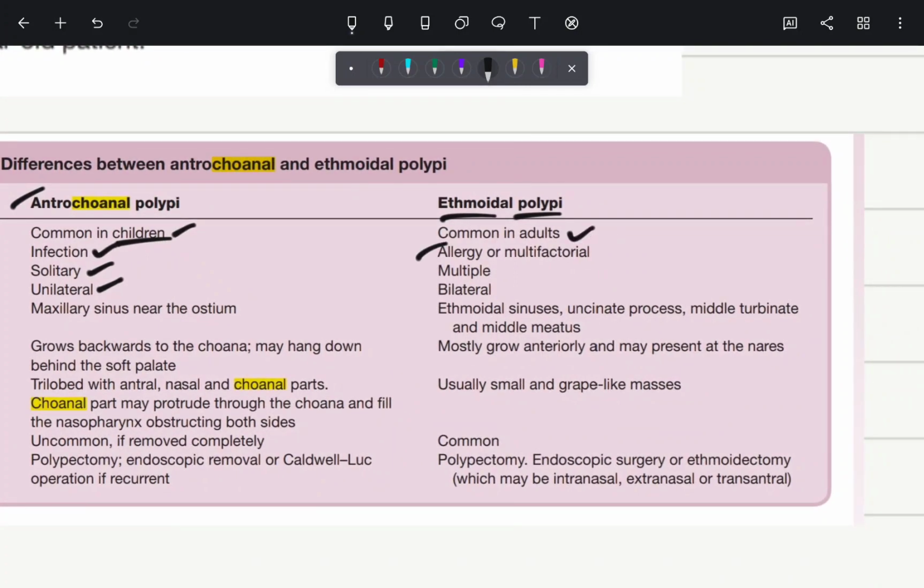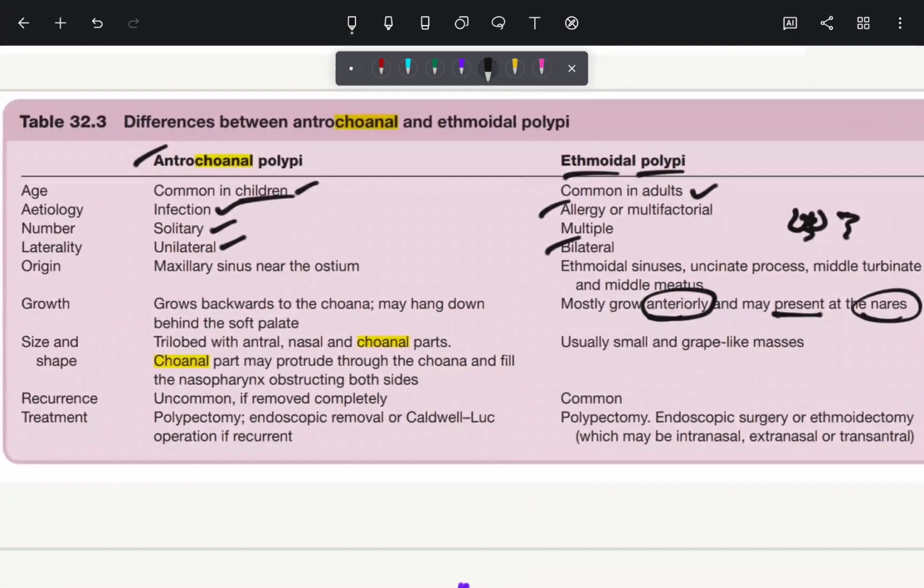It is due to allergy, and usually there are multiple polyps involving bilaterally, right? And as you can see here, the polyps may go anteriorly and present in the nasal area or the nares. And one of the important things is that some of the antrochoanal polyps may protrude through the choana and fill the nasopharynx, obstructing both sides.